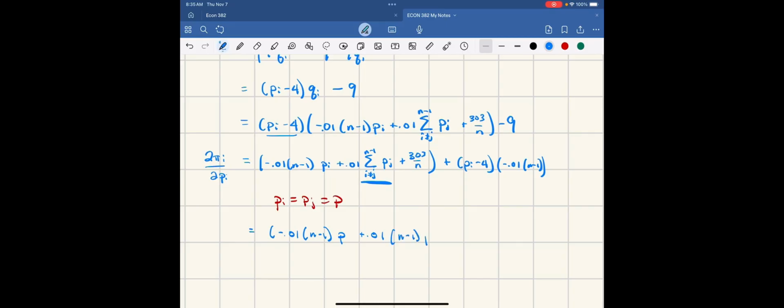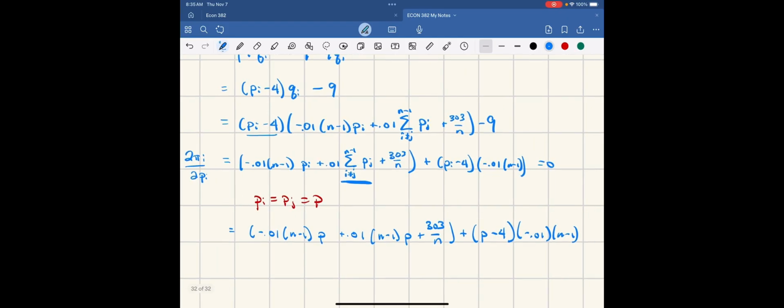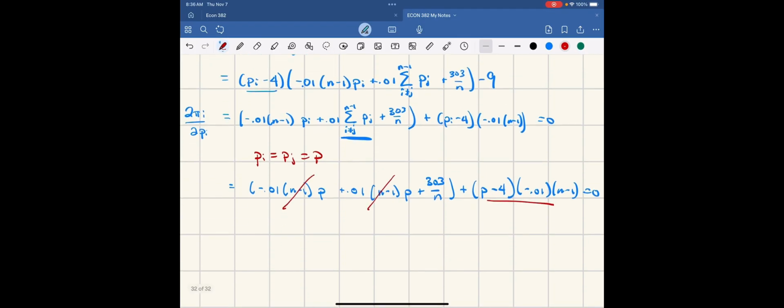So this is going to be (n minus 1) times the price, plus 303 over n, plus the price minus 4 times negative 0.01 times (n minus 1), and this is all equal to 0 because we're setting our first order condition equal to 0. From here we notice that this term will cancel out with this term. This has a negative, so we can bring it to the other side. So we get 303 over n equals 0.01 times (n minus 1) times (p minus 4).